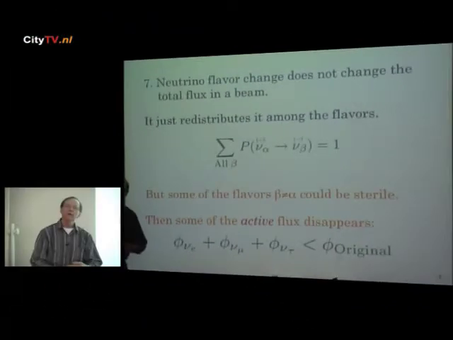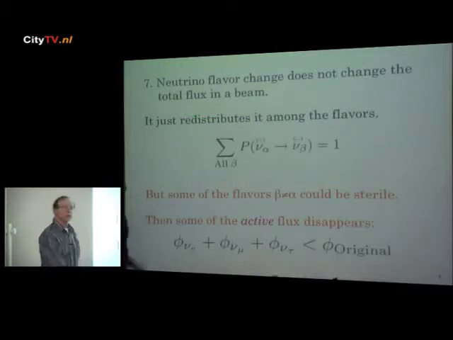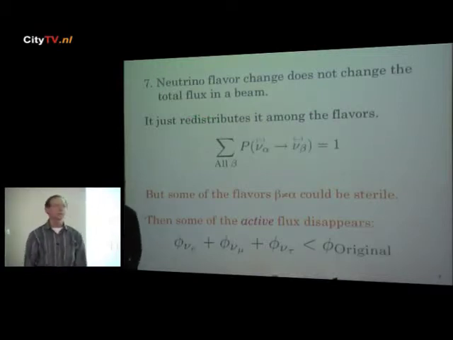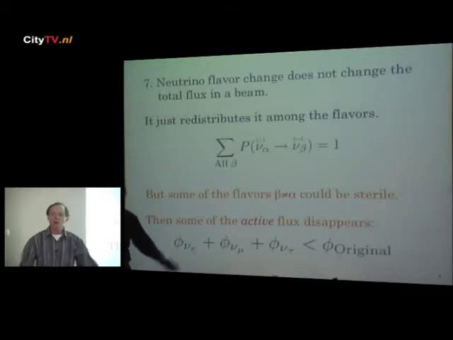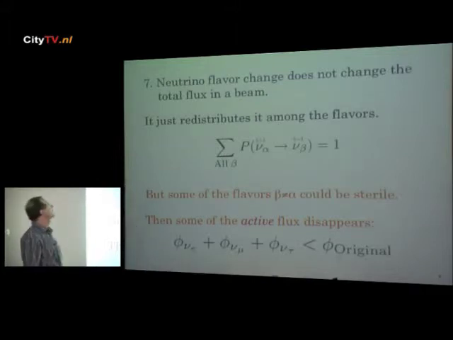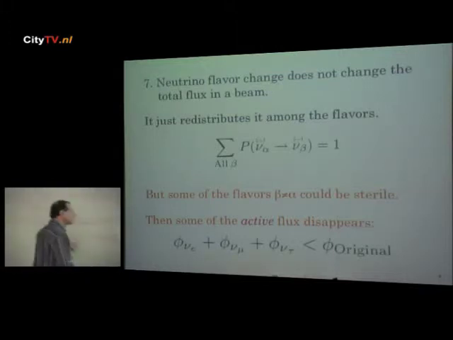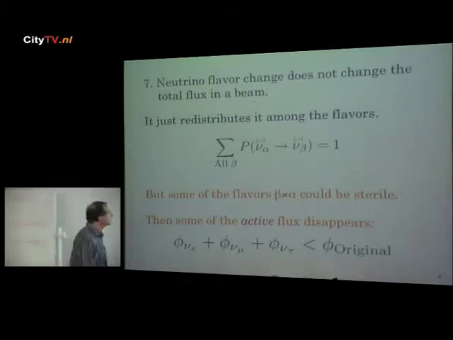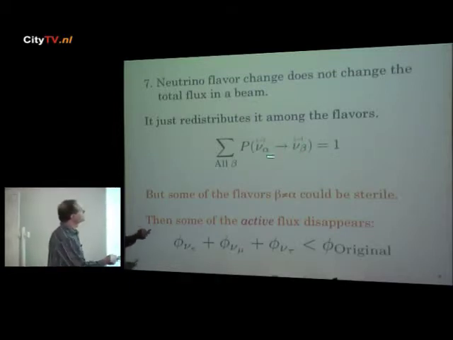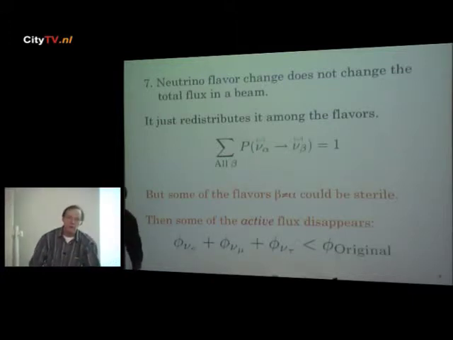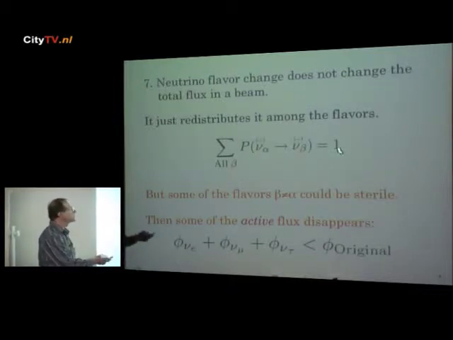Next point. When neutrinos change from one flavor to another, that doesn't change the number of neutrinos in the beam. It's just changing their character from one flavor to another. The total number of neutrinos in the beam is still the same. And either by using this formula or by going back and using the amplitude from which this formula came, you can prove explicitly that if you sum the neutrino oscillation probability over all possible final flavors, including the original flavor, the flavor with which the neutrino was born, that sum is 1.